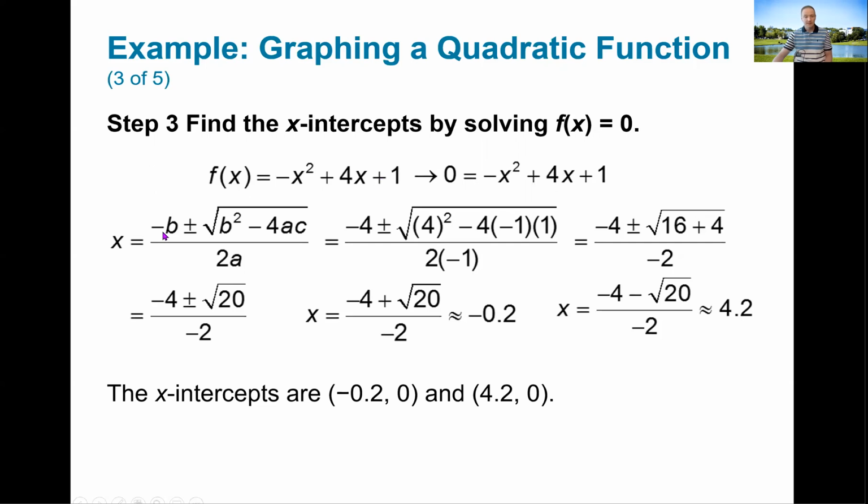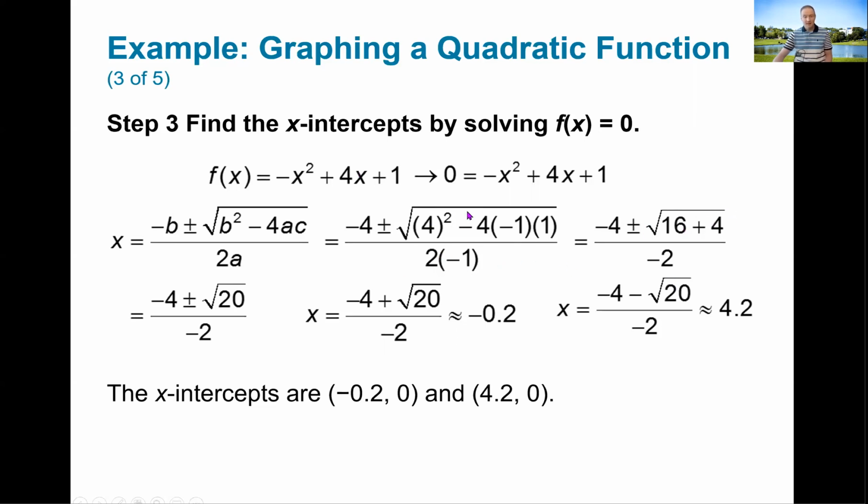Here you'll see I did negative b plus or minus the square root of b squared minus 4ac, all over 2a. And when I plugged the values in here, the b was negative 4, plus or minus the square root of b squared, 4 squared, minus 4 times a, which is negative 1, times c, which is 1, all over 2 times a, 2 times negative 1.